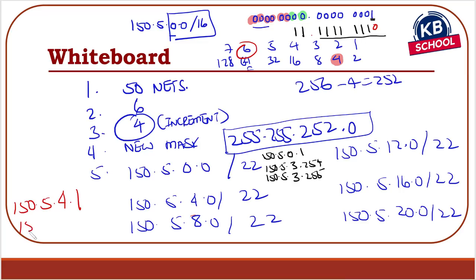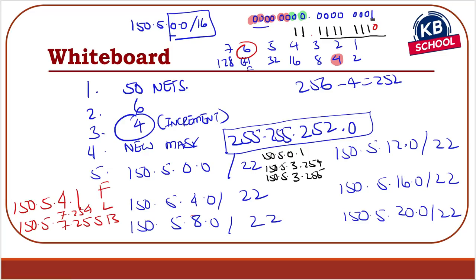So in the third octet, 150.5.7.255 is my broadcast, and 7.254 is going to be my last usable one. Another way of looking at it, the last octet of my first, last, and broadcast for a Class B is always going to be 1, 254, and 255. The changing will happen in the third octet, the one that I borrowed from.